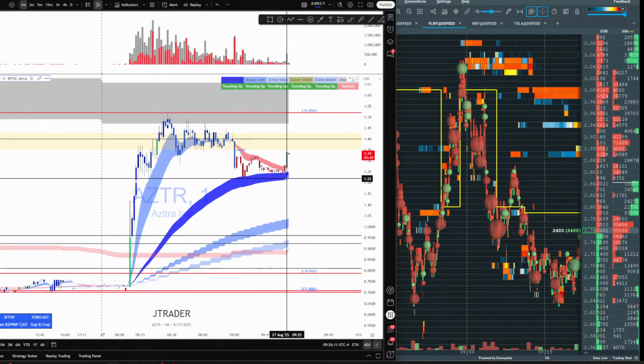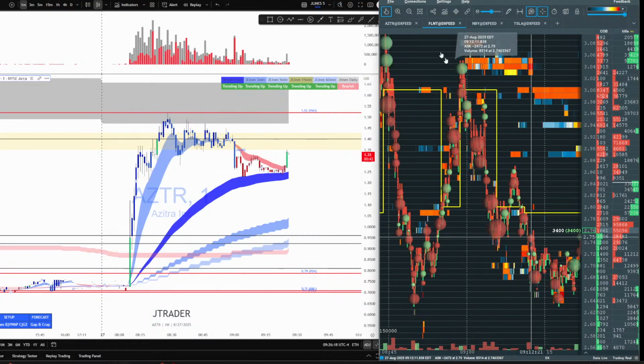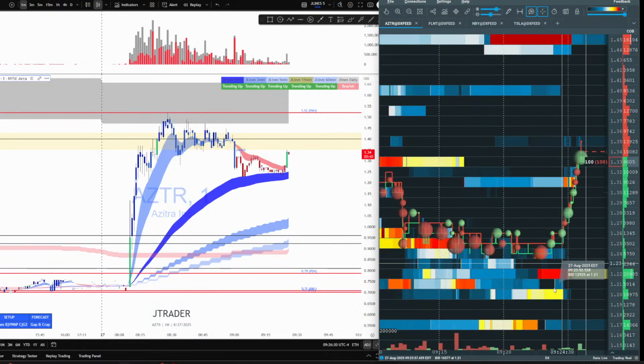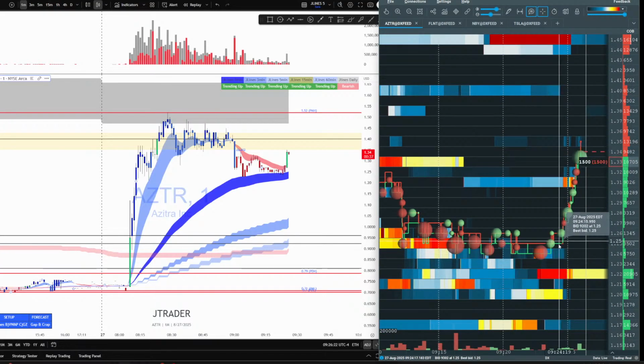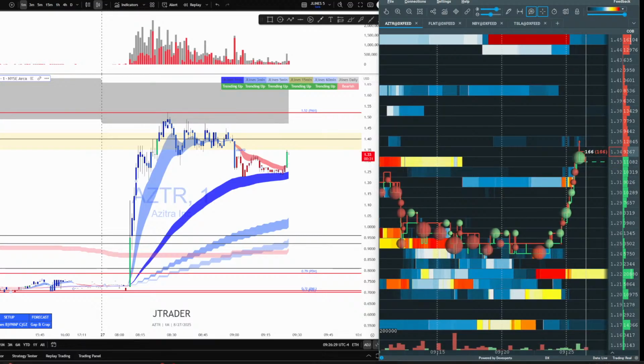These dips into the JLine, this is exactly where I want to long. The system tells me long over here, and then I'm looking right away into Bookmap to see if I have the liquidity like over here, so I can enter a couple of cents away from that level.